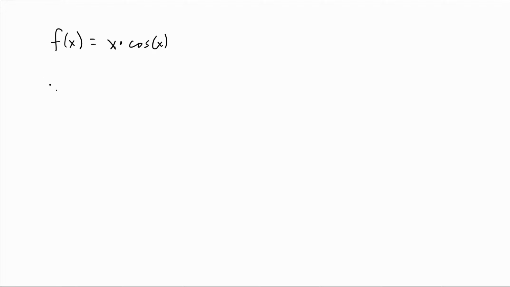So let's suppose that we have the limit as a approaches x of a cosine a minus x cosine x, and all of that is over a minus x. Okay. Now, right now, swapping the a's and x's doesn't do anything for us either. However, it will in a minute.